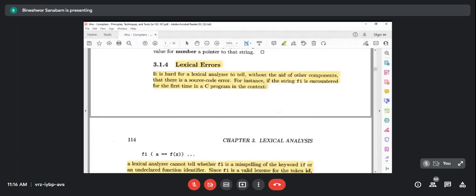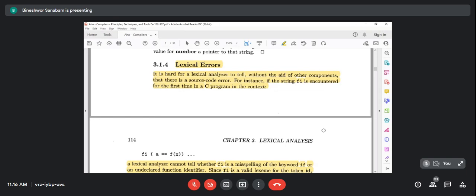Then when we are talking about lexical error, it is difficult to give the lexical error without other components.